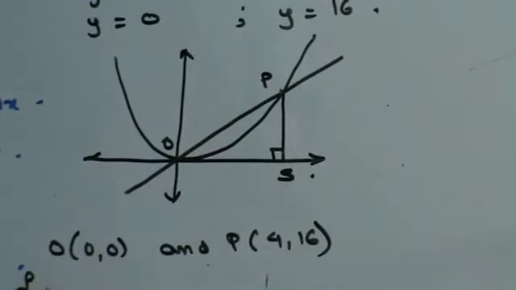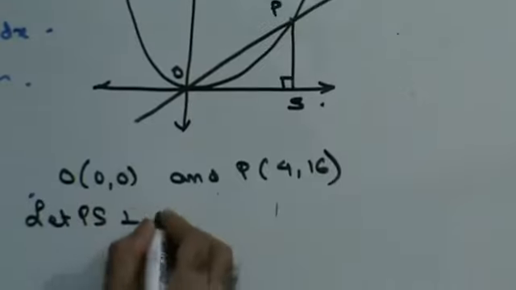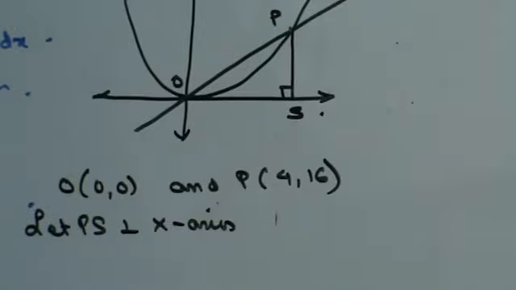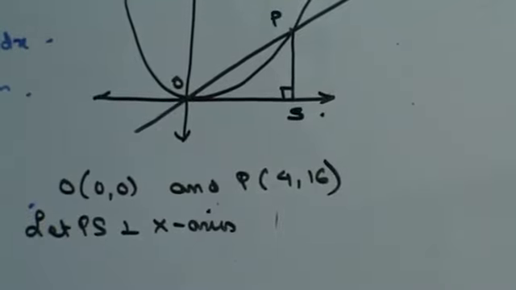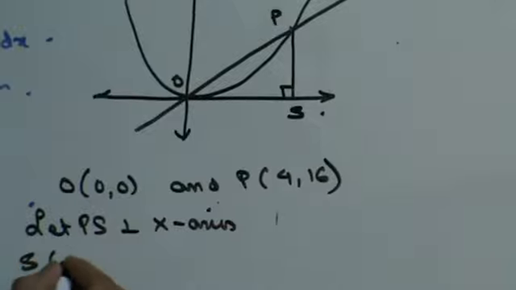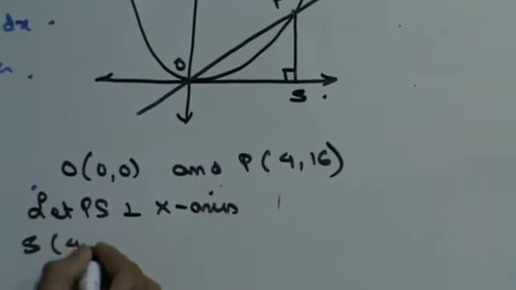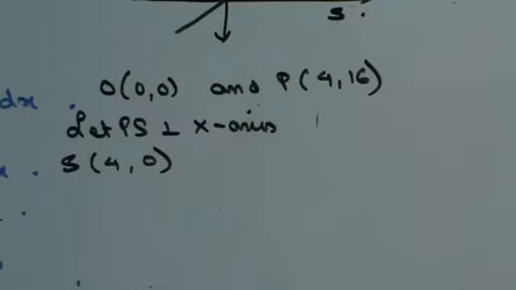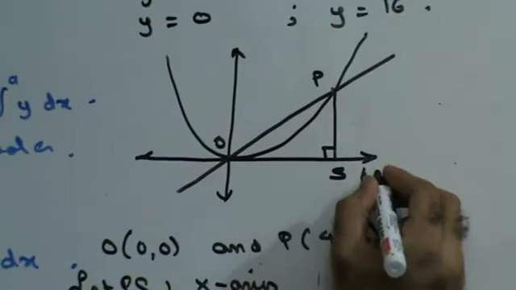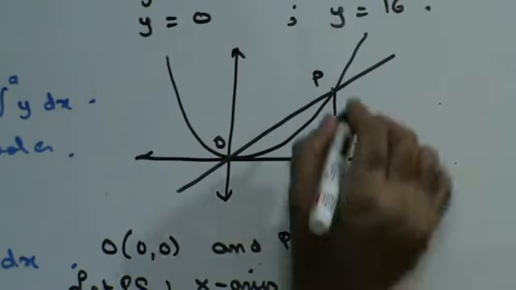So let PS be perpendicular to x-axis. Now, if PS is perpendicular to x-axis, then I can say S is equal to 4, 0, because it will have the same x coordinate as P, as it has been drawn perpendicular. So this will be 4, 0.